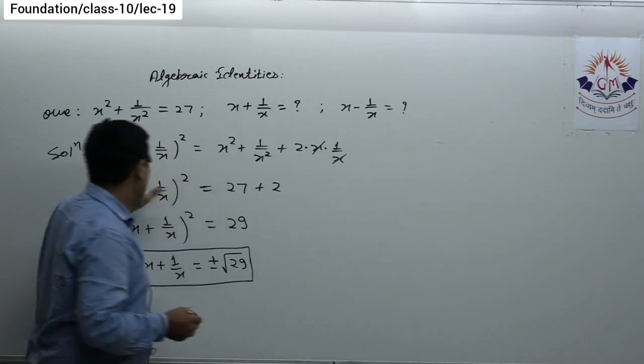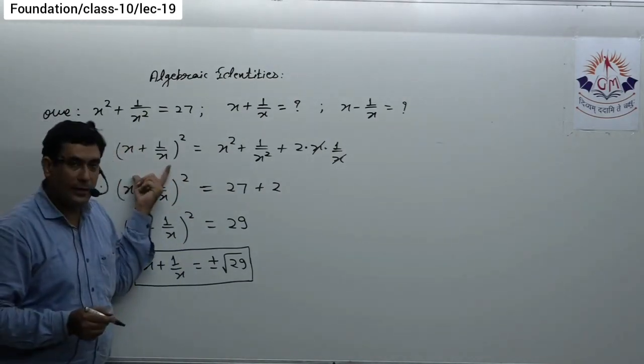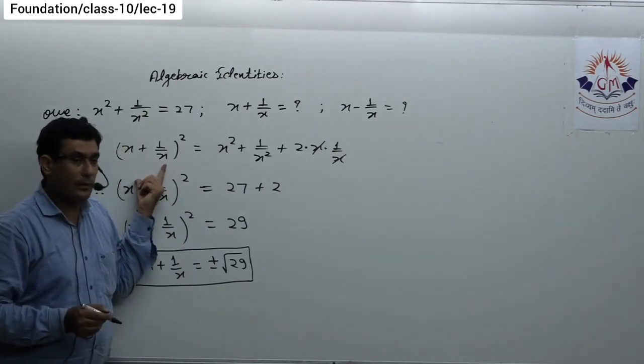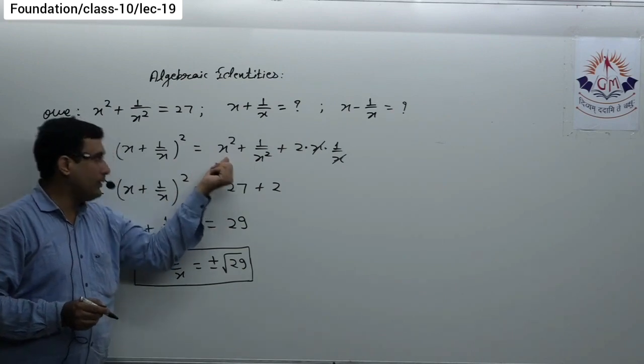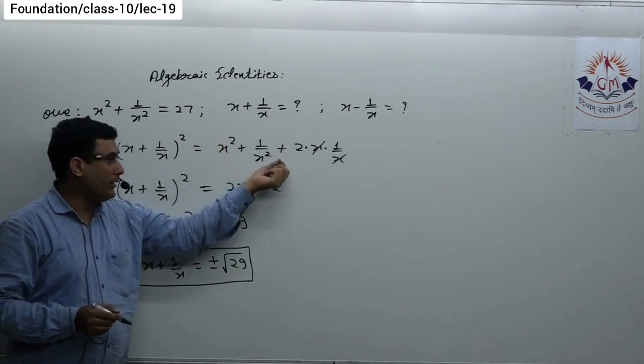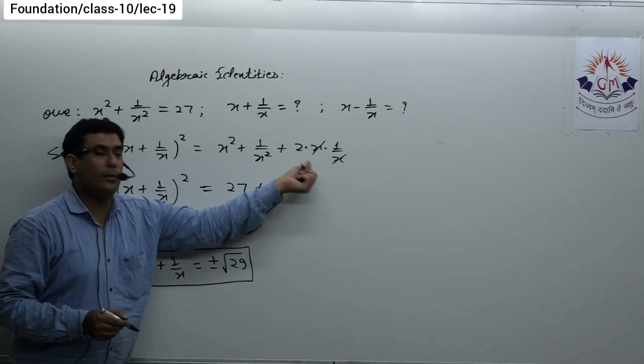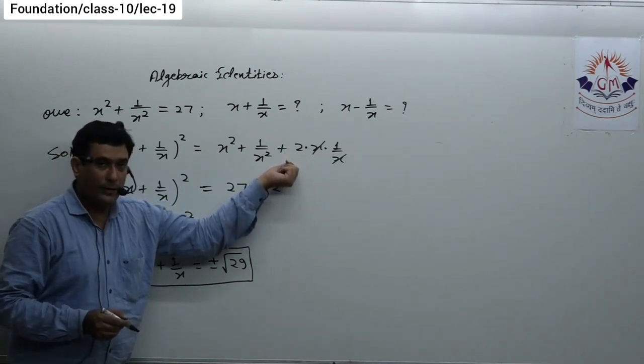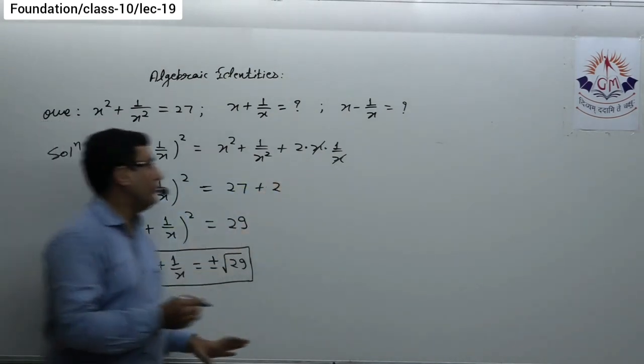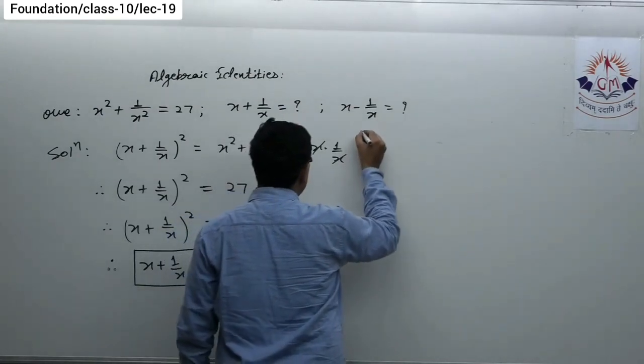So almost in a similar way, I can start with (x minus 1 upon x) whole square. That gives me x square plus 1 upon x square, and instead of plus 2 times x times 1 upon x, I will get minus over here. Let us see how to get that.